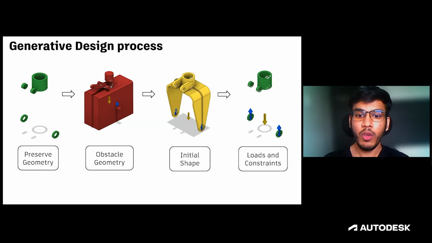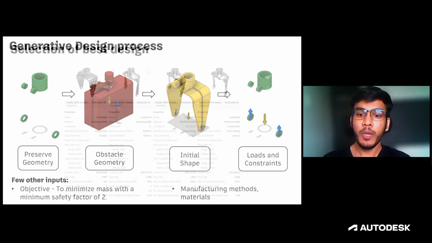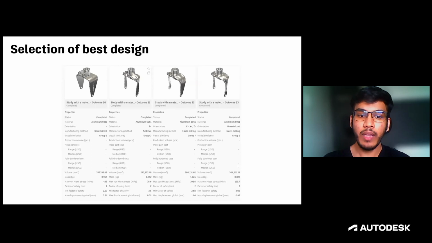Along with this, we also provide a few other inputs to the software, such as the design objective being to minimize the mass with a minimum FOS of 2, and providing manufacturing method and materials. Since we are just optimizing the design, we went ahead with aluminum 6061 itself as the choice of material and additive manufacturing as the method of manufacturing. This saves us a lot of time.